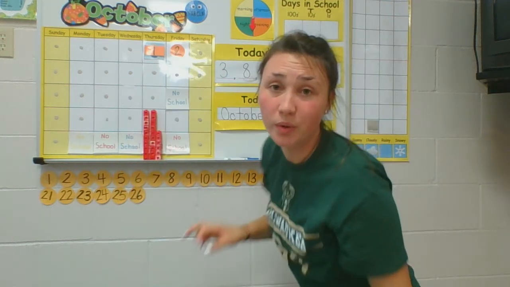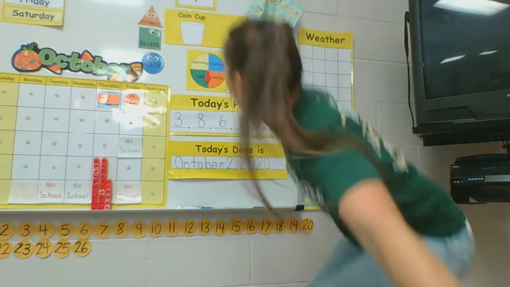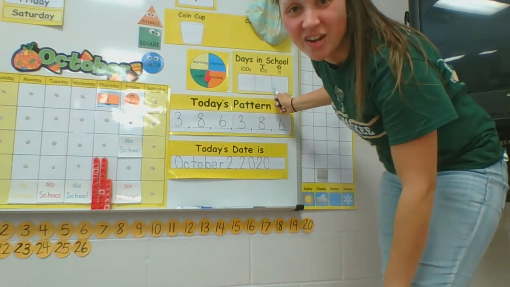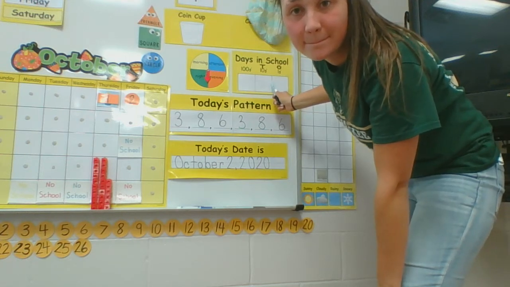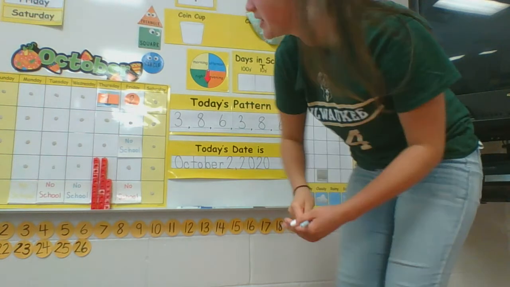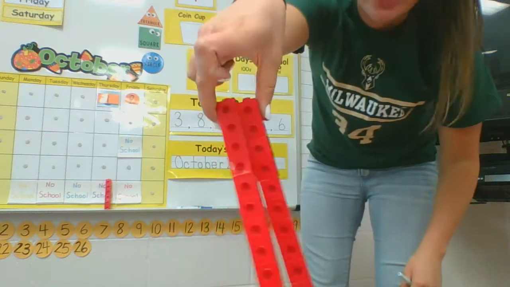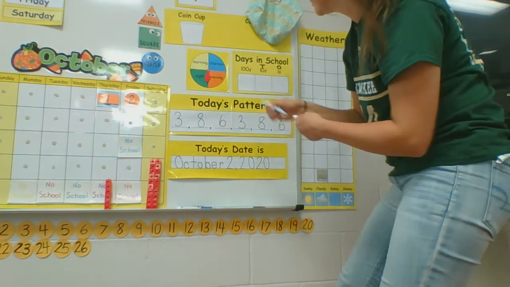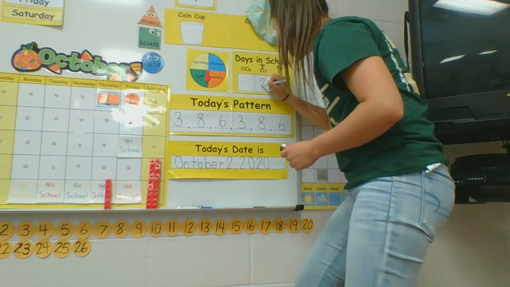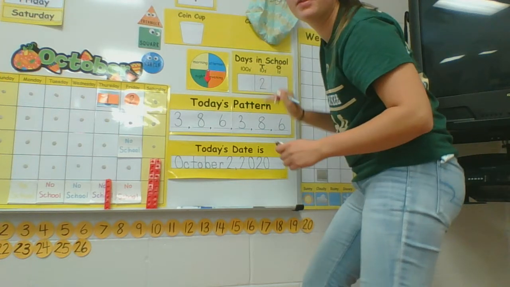Now, we're going to fill in our days in school chart at the top here. How many groups of 10 were there in 26? Yeah, 2 groups of 10. 2 full towers of 10. So I put a 2 in our 10 spot. T for 10.